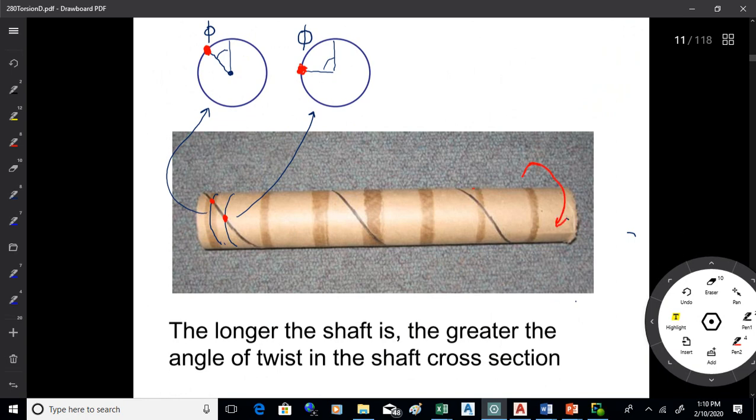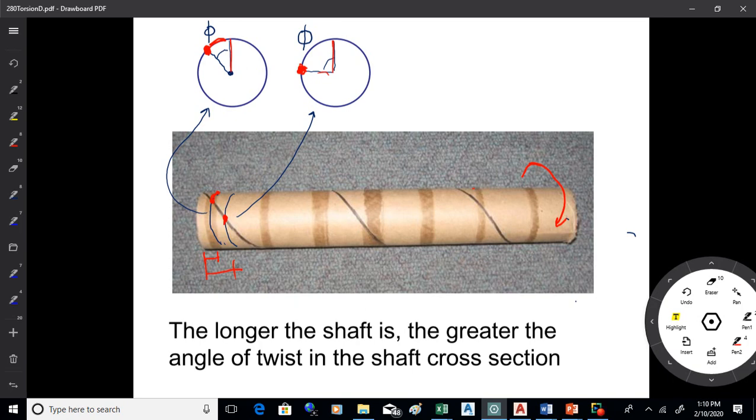If we start with a vertical line and look at how that twists, there's the twist right there, that's this distance. If you have a longer shaft, a longer length out to there, that will twist further. That point will twist further as you work your way out from the origin of the shaft. So the longer the shaft, the more it wraps up, the more it twists.